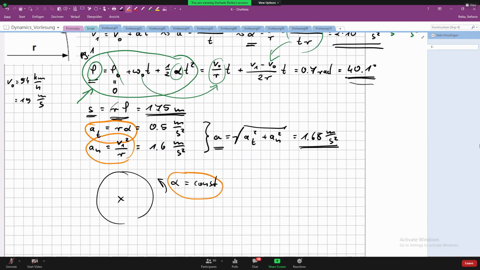Oh, I misunderstood your question. I thought you were asking what does not change. So tangential doesn't change, that's the property of the car, and the normal one is the property of the motion itself. Yes, you can probably say it like this. Okay, thank you. You're welcome.